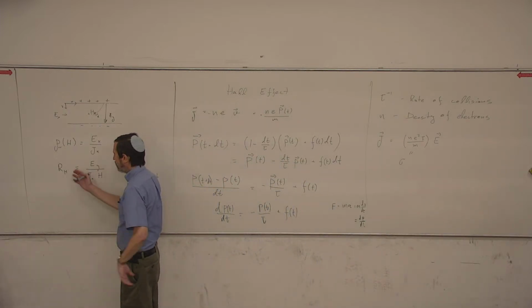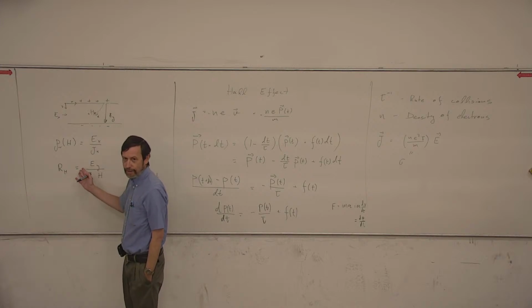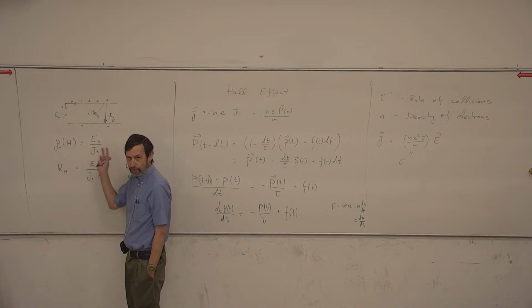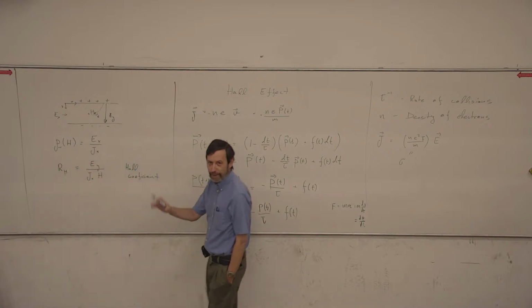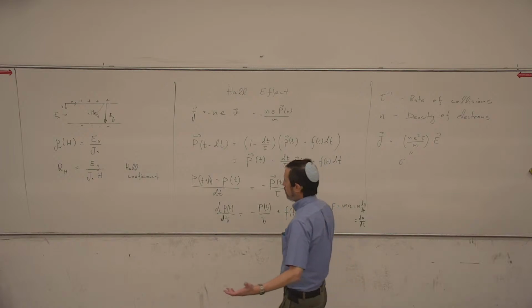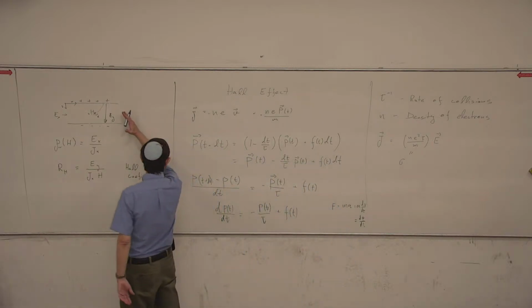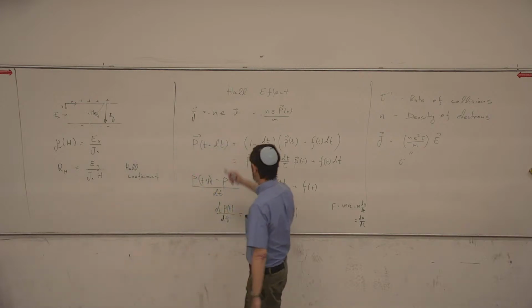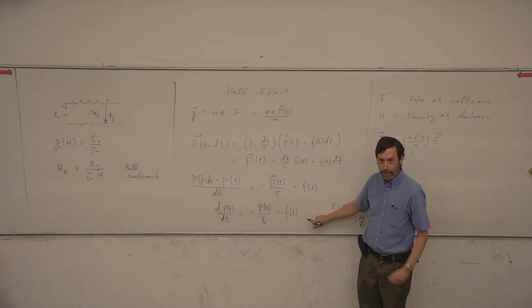So why did they define it this way? Go back 140 years. You could have written it in a different way, but that became the Hall coefficient. Okay, so how do I describe the behavior? Here I'm going back to this equation and writing down the components.